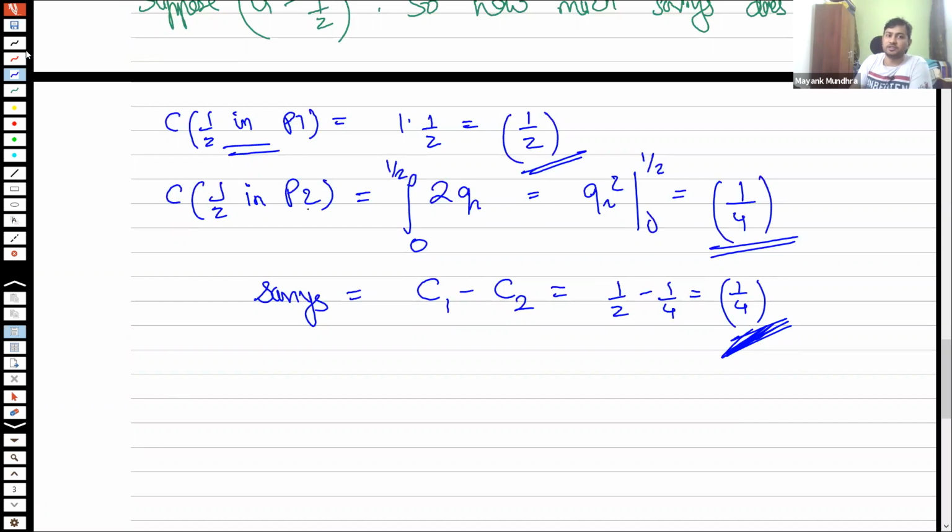Now I'll introduce the fixed cost. If you start plant 2, the variable cost that you save is 1 by 4. But the fixed cost of running plant 2 is rupees 1. So this is a typical question of should you buy an electric vehicle or not? Buying an electric vehicle is a huge fixed cost because electric vehicles are typically 5 to 10 lakhs costlier than their fossil fuel versions.